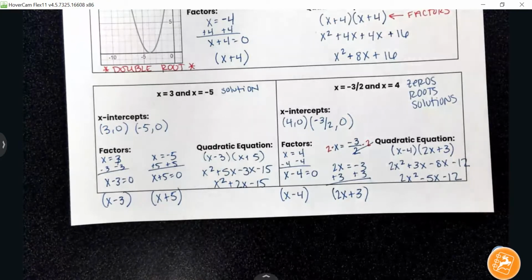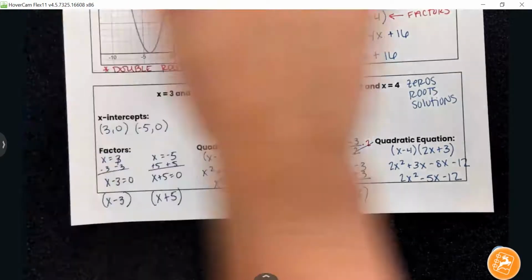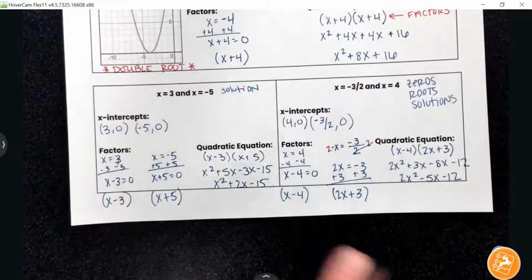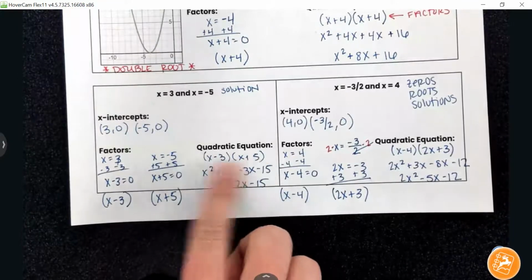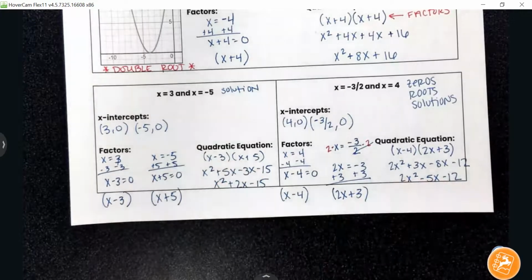Be honest with yourself, because if you can't multiply this, you can't do any of this work. So if you are having a hard time multiplying, be honest with yourself. Bring a sheet of notebook paper to the back, and I will show you an easy way to get that done, okay? All right, get started on something.